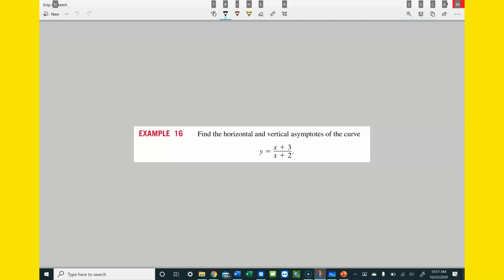All right, let's look at example 16. Find the horizontal and vertical asymptotes of the curve. So horizontal asymptotes will be found as x approaches positive and negative infinity. Vertical asymptotes will be found when the denominator is 0, so as x approaches negative 2.